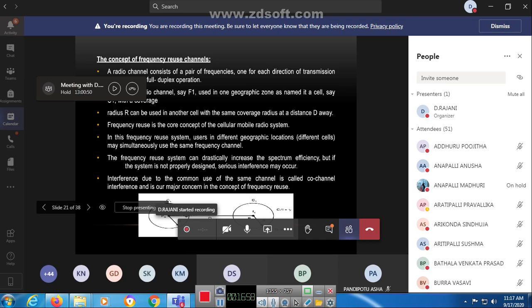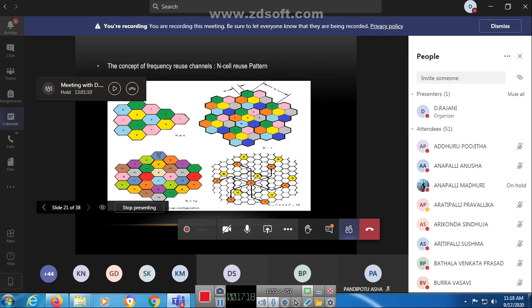In the same way, when both cells use the common channel, the same channel, interference will occur. That interference between the two cells is what we call co-channel interference. Clear, all of you?